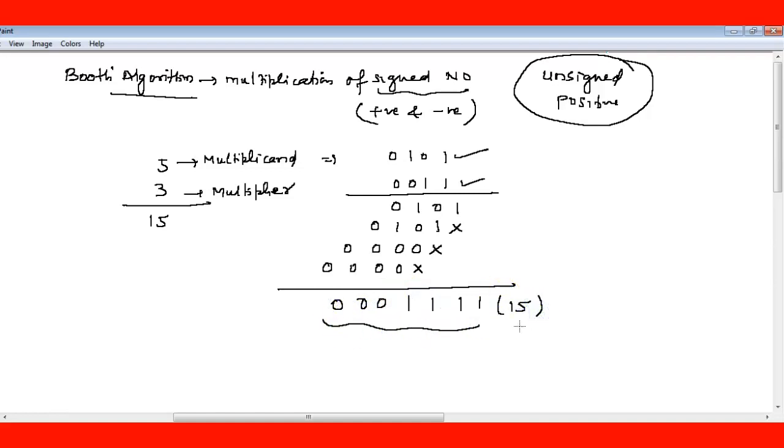So this paper and pencil method also works for binary numbers.